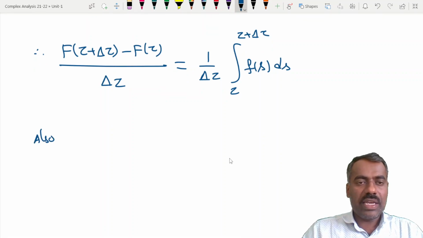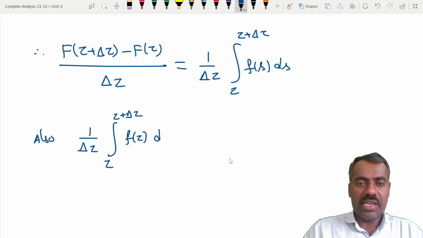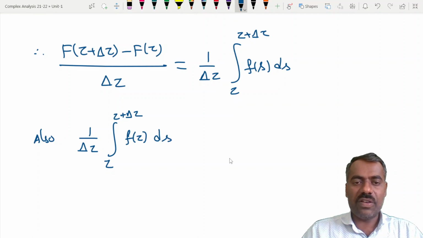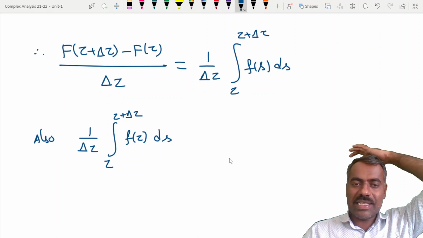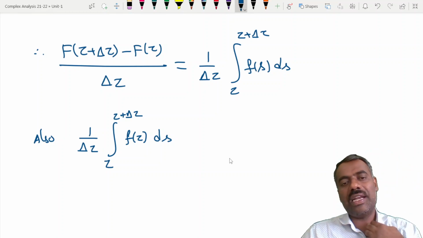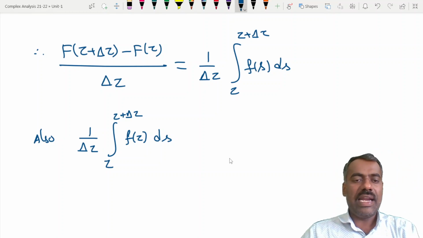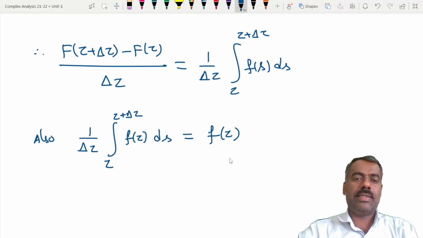Also, we can observe that 1 by delta z times the integral from z to z plus delta z of f of z ds, this f of z is a constant, so you can bring it outside the integration. The integral of 1 ds is s, and when you substitute limits it is delta z, so delta z will get cancelled.